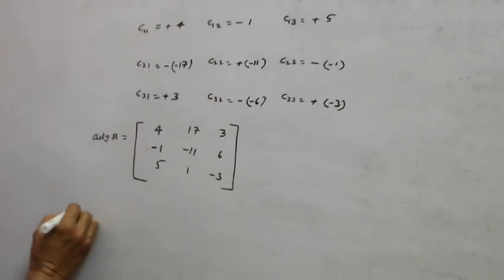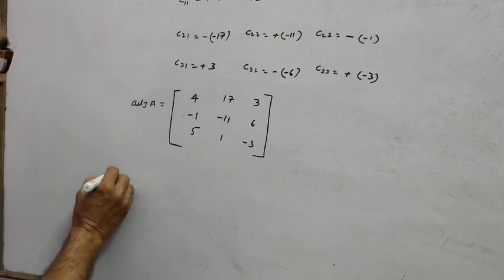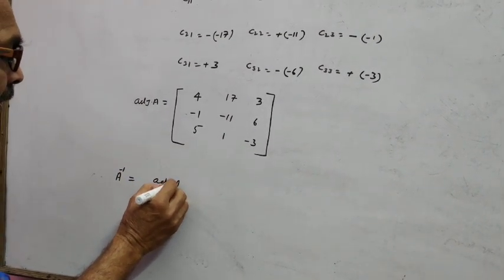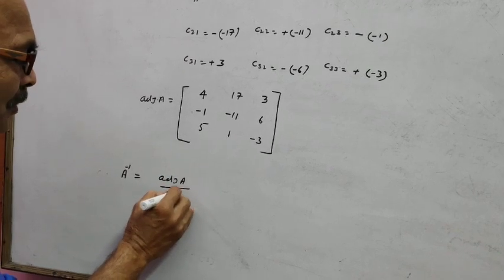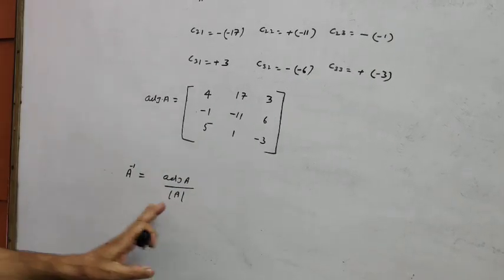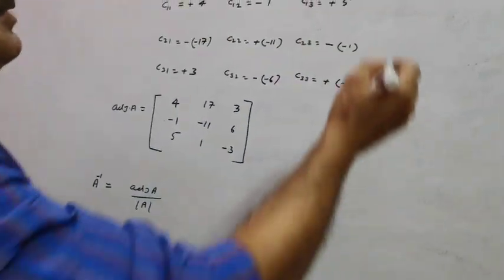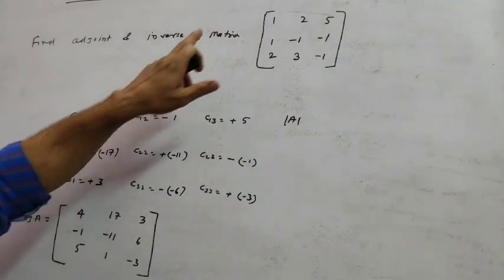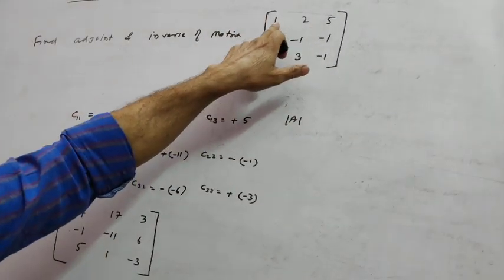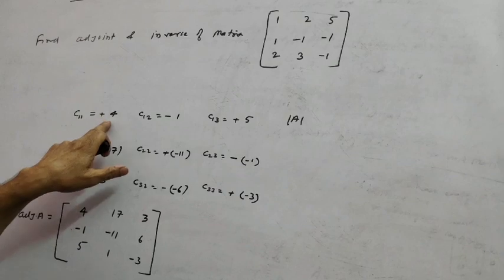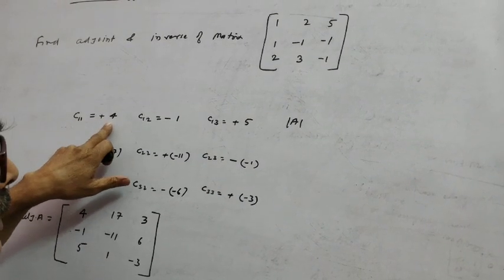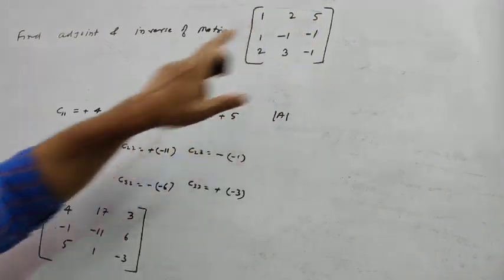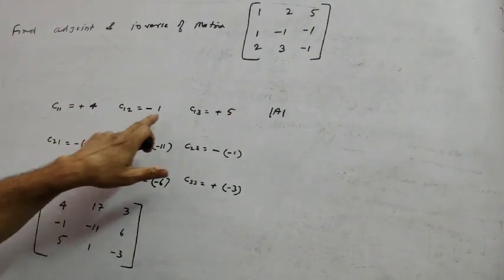And now finally find the inverse of this. So A inverse equals adjoint of A divided by determinant of A. So first find the determinant of A. The determinant of A is the sum of the products of the elements of a row and their corresponding cofactors. That is, multiply the elements of the first row with the cofactors of the first row.